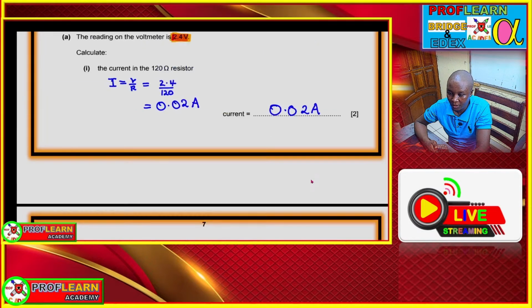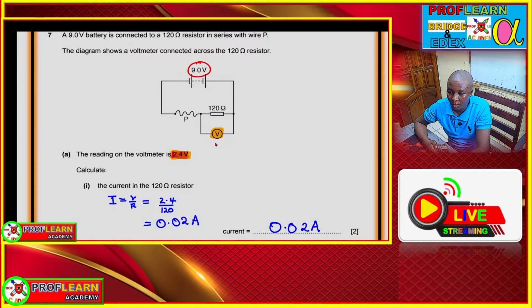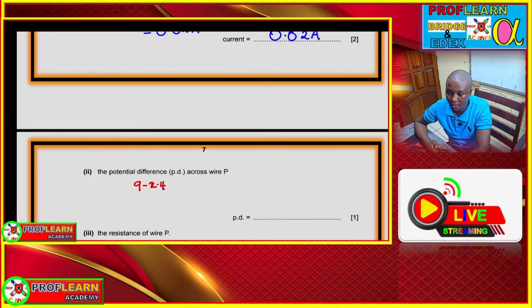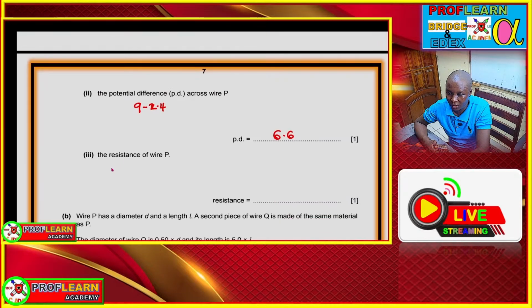That's the current. Then we are supposed to work out the PD across P. So remember, we had 9.0 as the EMF, and the PD across 120 was 2.4. So to get P here, we are going to subtract the 2.4. So 9 minus 2.4, and that's going to give us 6.6.